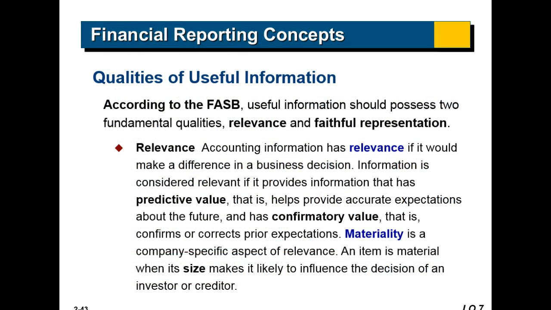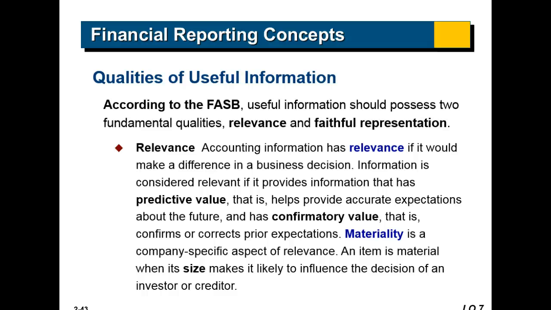So, the important piece in financial statements, we are really providing a lot of information, even though it's in the form of numbers. We're really providing a lot of information as a result of financial statements. And this information that we're providing needs to have two important pieces.